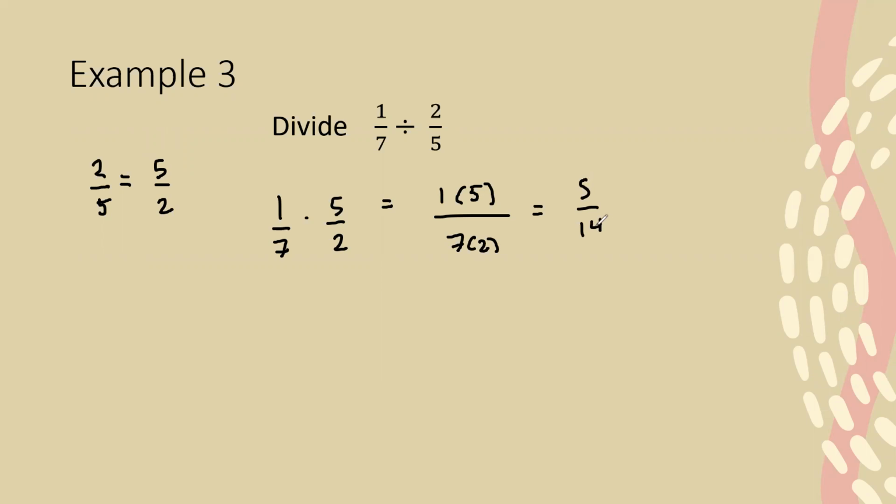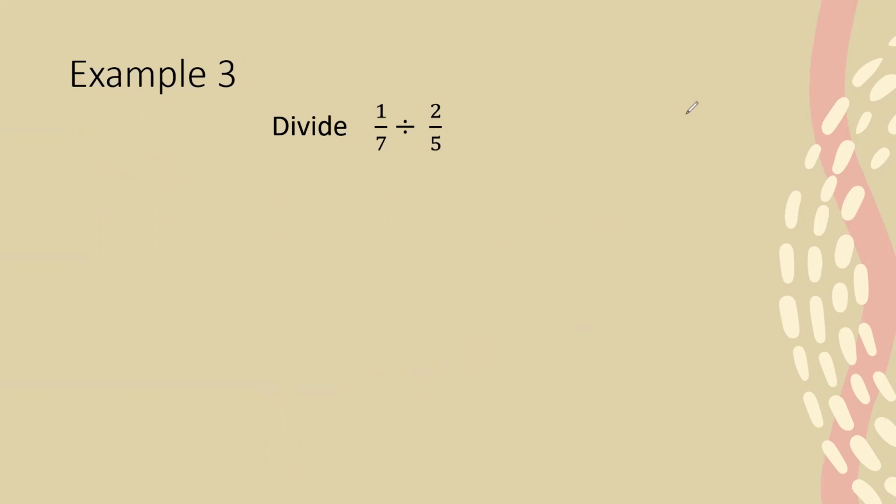That would give me 5/14. Now, if I were given something like this, I would simply multiply by the reciprocal, and it is exactly what we got the first time. It's just a different way to write it, but it is essentially the same approach. Let's go ahead to our final example.